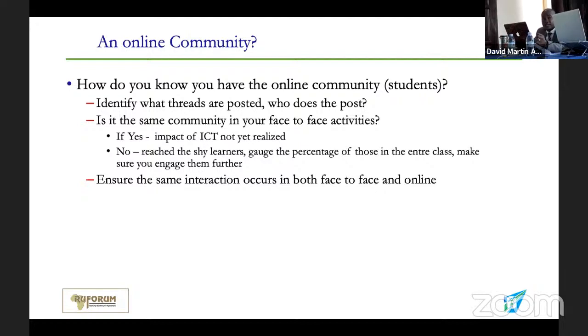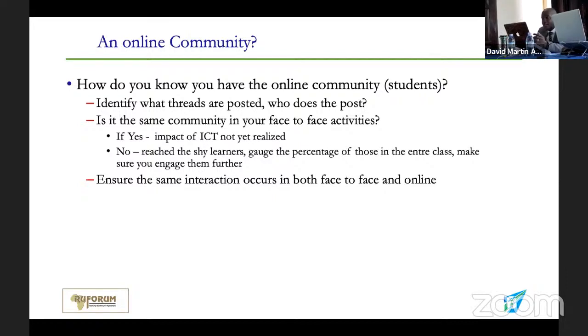Where are the rest? This is where you need to come in as a facilitator. How do you get the rest of the students to wake up and continue participating in the activity that you have given them?